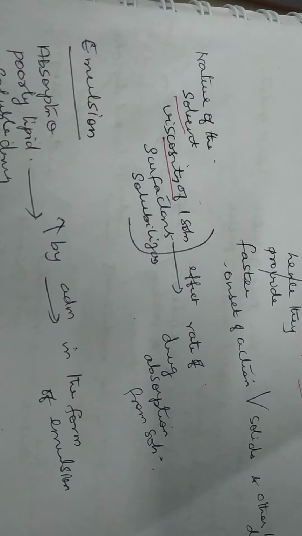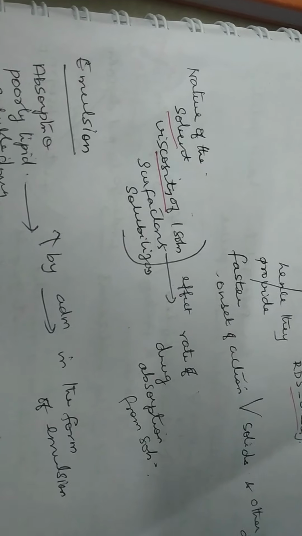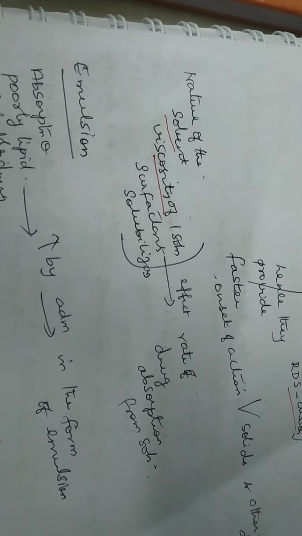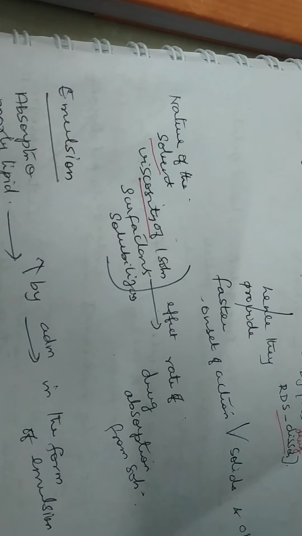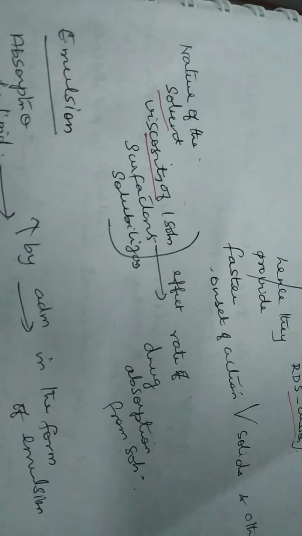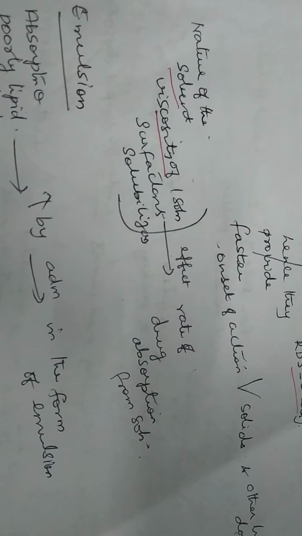Then the nature of the solvent, whether it is thick or very aqueous, the viscosity of the solution, and the addition of surfactant and solubilizers have an effect on the rate of drug absorption from the solution.